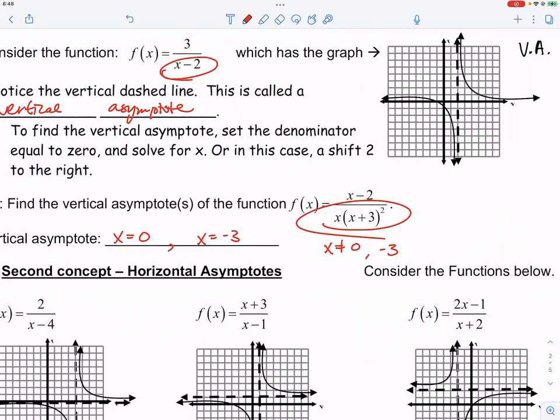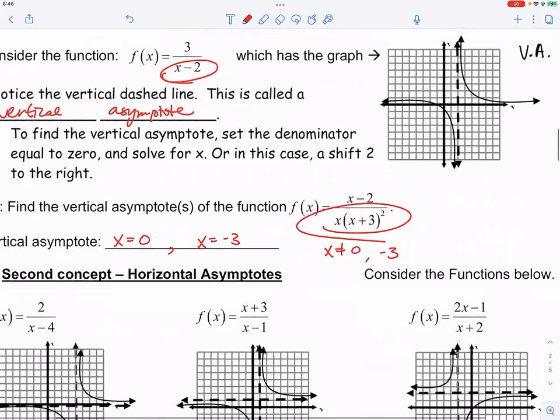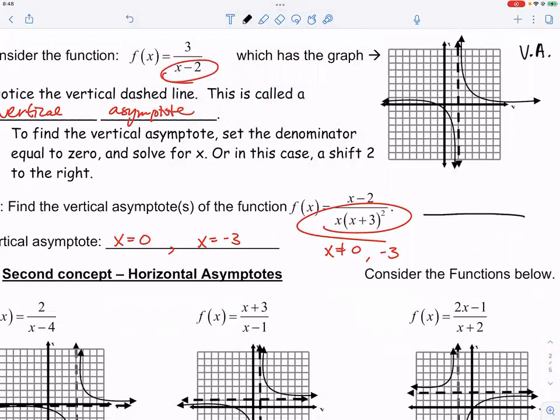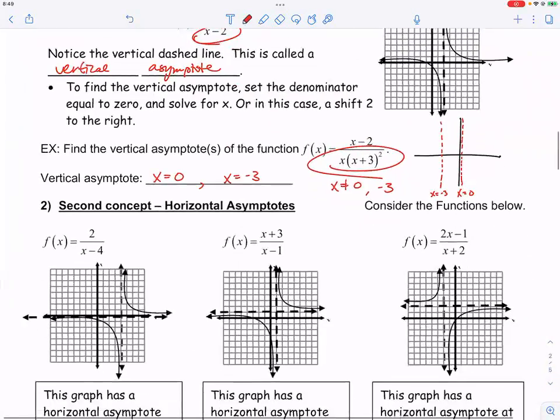Then on the graph, if we can use a color pen, we are going to draw an asymptote at x equals 0 and x equals -3, just to tell people not to graph anything crossing this line. So make sure you understand the context of how and why we're drawing these graphs.